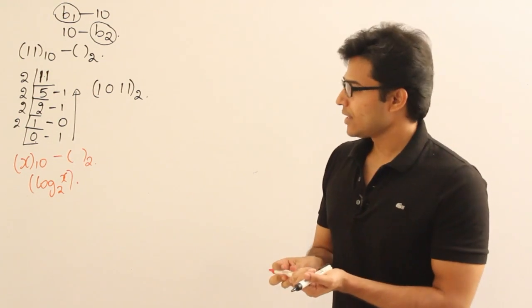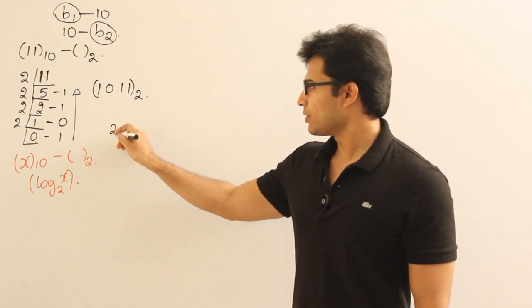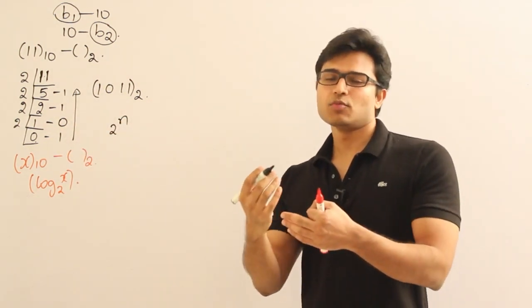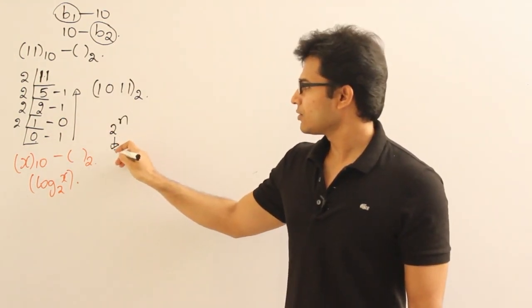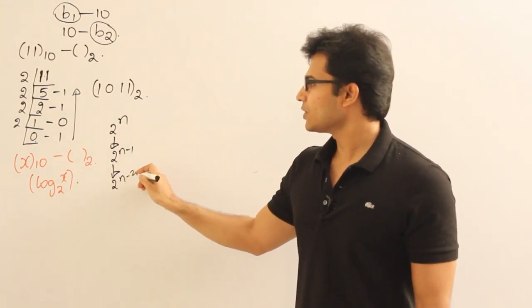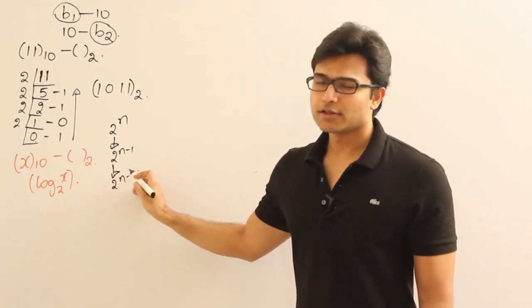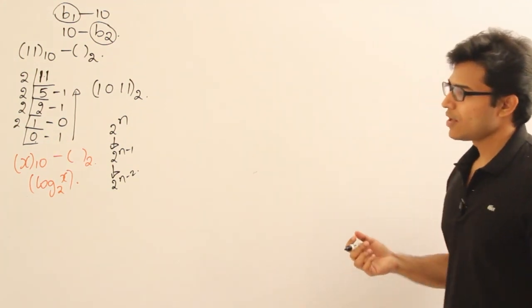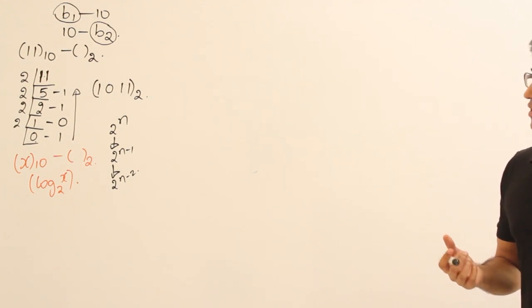If the number x is as big as 2 power n, every division is going to make it 2 power n minus 1, 2 power n minus 2, and so on, right? So we are going to do this until the power becomes 0, which means we are roughly going to have log x base 2 steps, and this is very big if you have a big example.